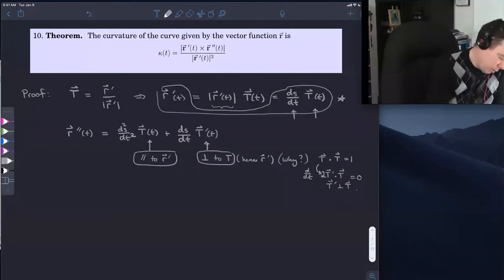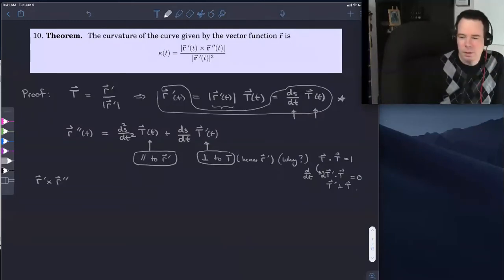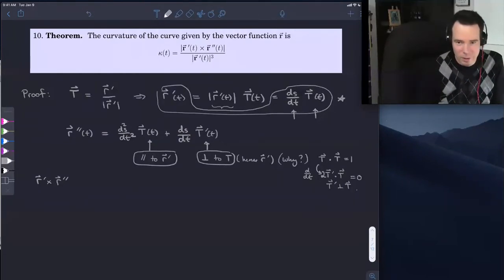And that's nice because if I take the cross product of these two things, because I've already split the second one into two pieces, something that's parallel and something that's perpendicular, only the perpendicular part will survive, because r prime cross r prime is 0. A vector crossed with itself is 0.